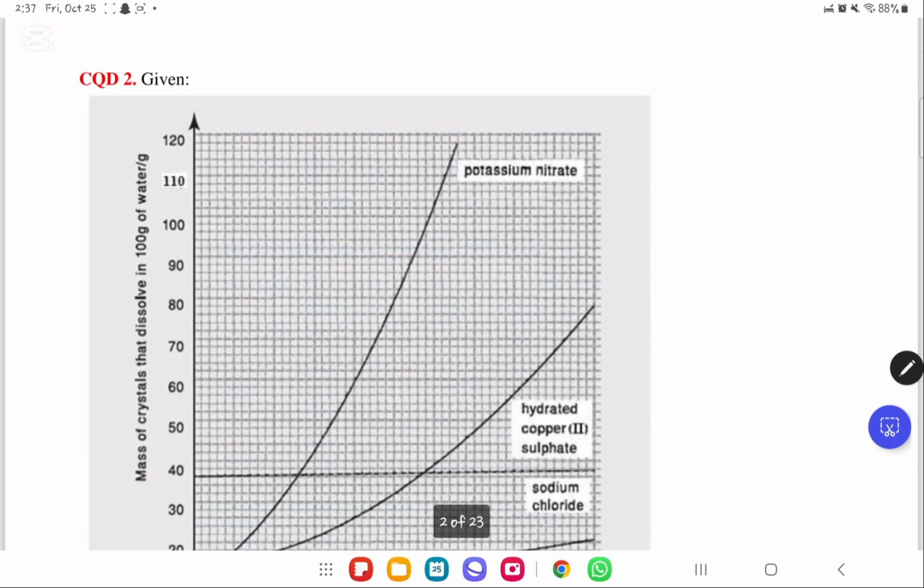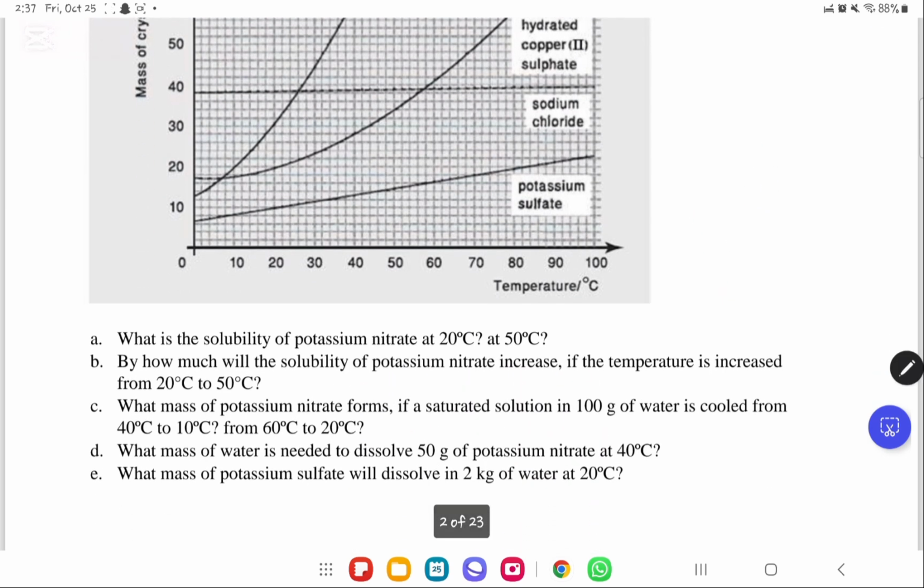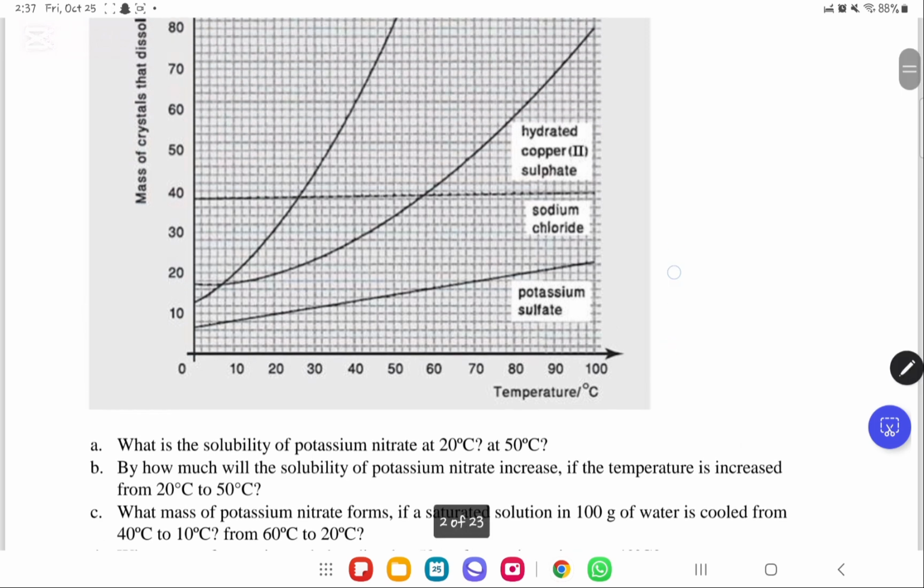CQD number 2 is very important. It's a graph. Okay, we have to pay attention to this graph. So let's start. What is the solubility of potassium nitrate at 20 degrees Celsius?